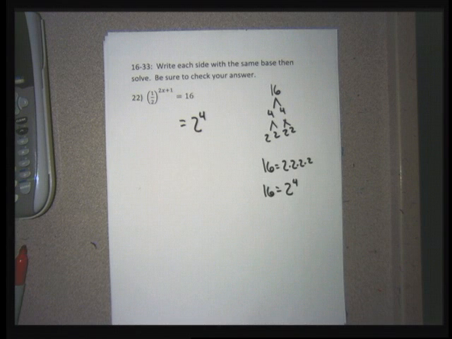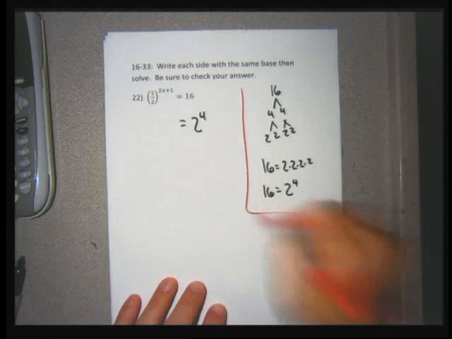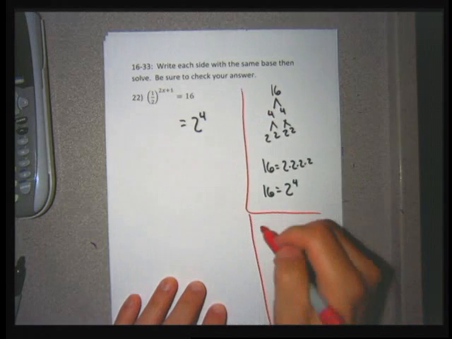So the question is, can I make the left side have 2 for its base? Because if I can make both sides have the same base, then I can drop the bases and equate the exponents. It doesn't matter what the base is as long as they're the same. I'm having a problem getting 16 written as 1/2 to some power, but I can work on the left-hand side, and good things will happen.